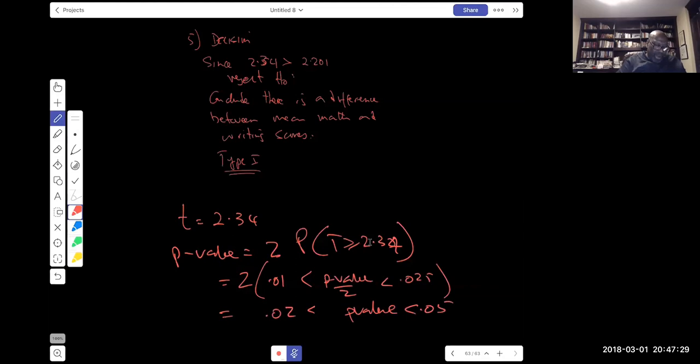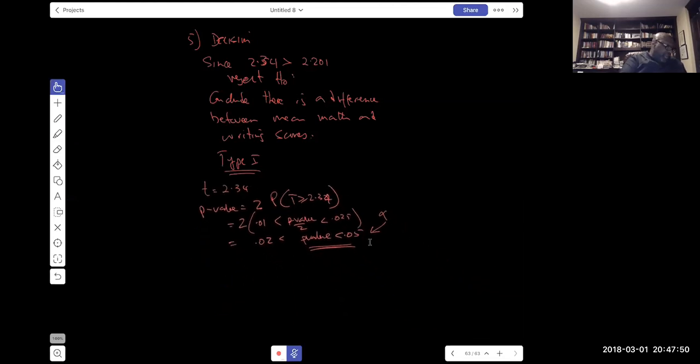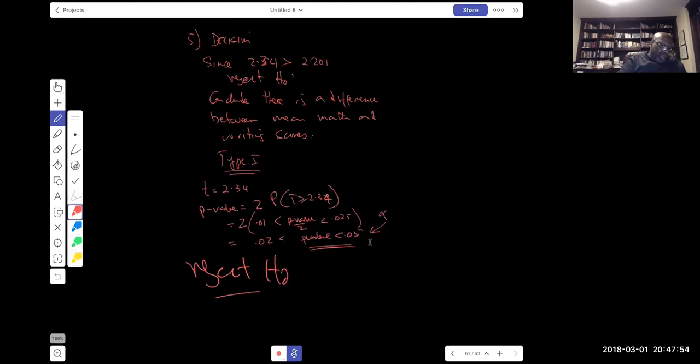So you can see here where it satisfies the decision rule. The decision rule says reject the null hypothesis when the p-value is less than alpha. That 0.05 is alpha. And so we've just shown that the p-value is less than 0.05, in which case we would reject the null hypothesis. We have the very same conclusion. I won't bother to rewrite it.